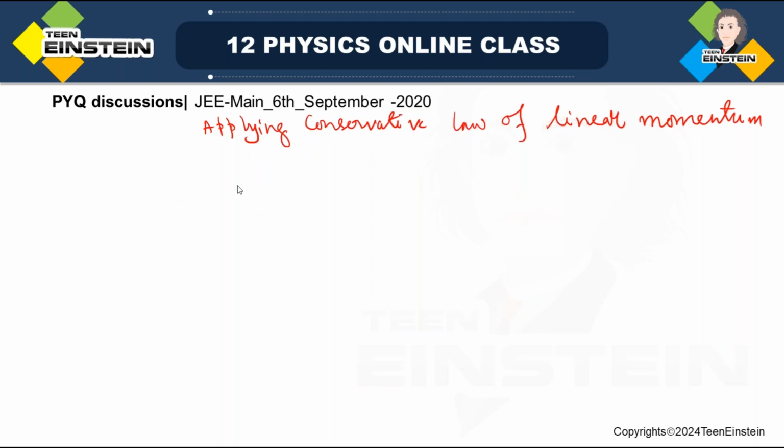Initial momentum is equal to final momentum, that's it. So initial linear momentum is equal to final linear momentum.